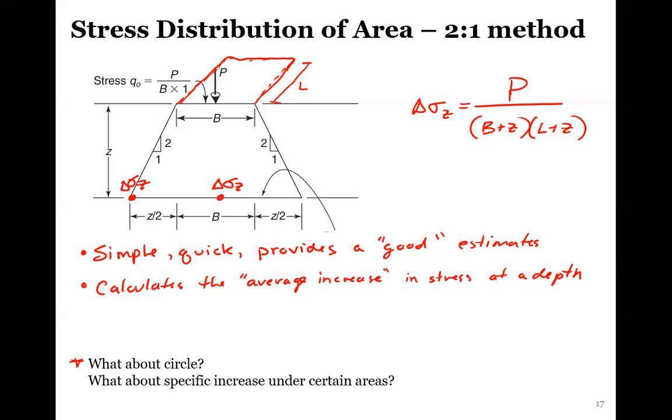Think about it physically: do you think the stress in the center of our structure is going to be higher or lower than the stress on the outside, beyond the scope of the structure? It should probably be higher, right? So what this method is limited to is that it only provides the average. Even though the actual stress might look something like this, this technique only provides the average value, something like this.